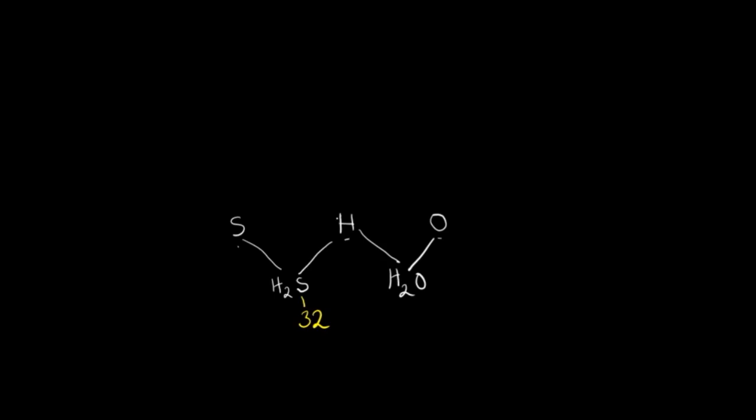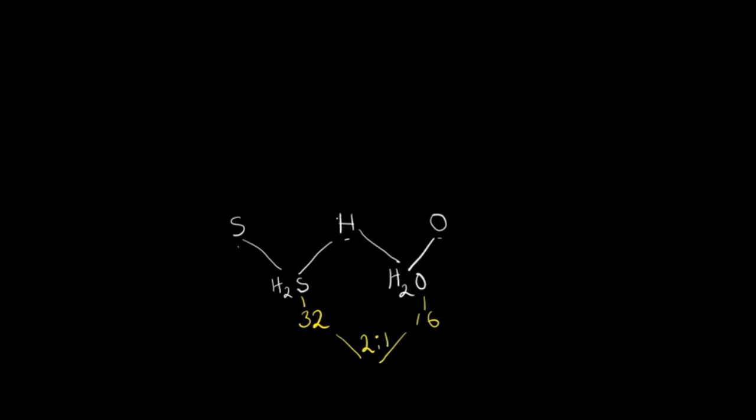The atomic mass of oxygen here is 16. So, if we take the ratio of both of them, 16 by 32 is going to give us 2:1.